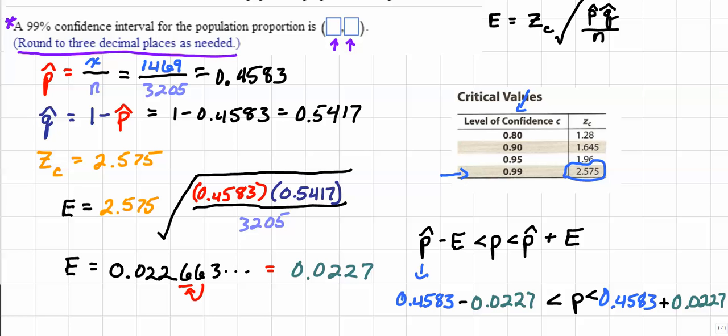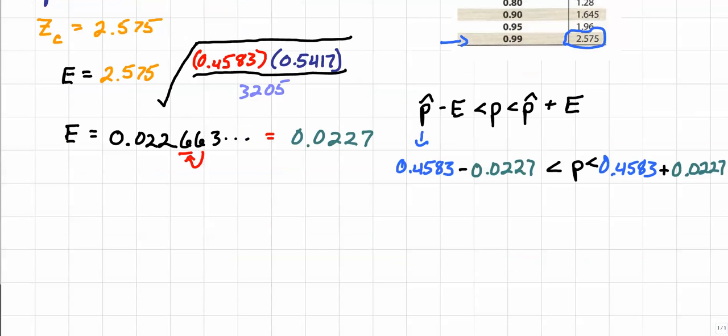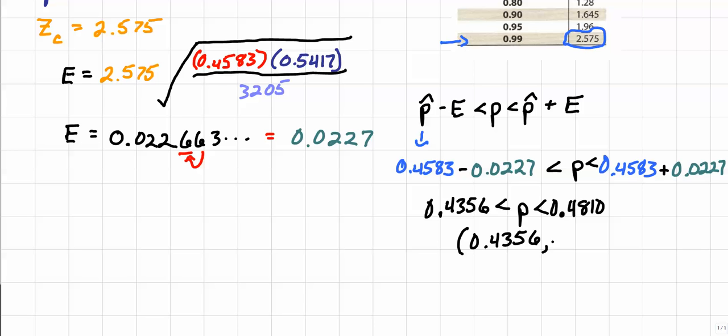Doing the arithmetic, we have a confidence interval of 0.4356 less than P less than 0.4810, and we can write that in interval notation just like this to indicate our upper and lower bounds.